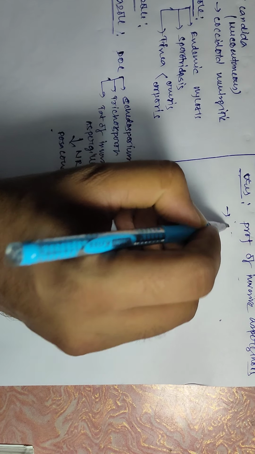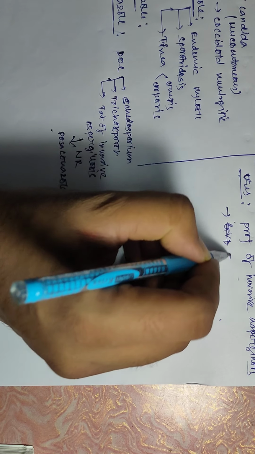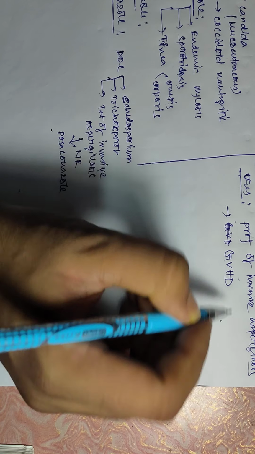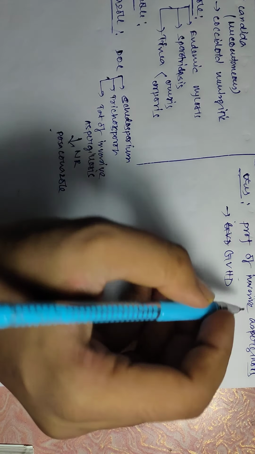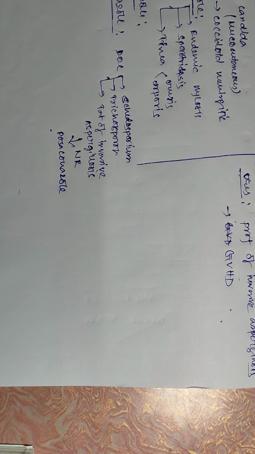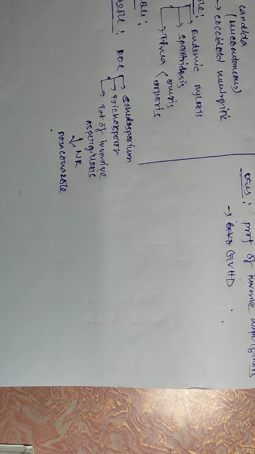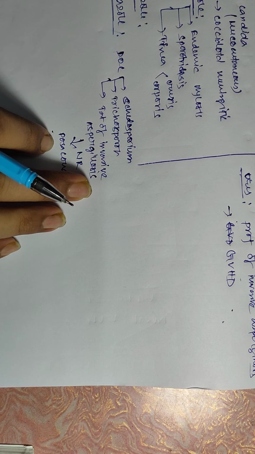And we can also use it in case of graft versus host disease, where the immunity is less, right? Because of the immunomodulator we use there, there is an increased chance of fungal infections. That is why we use this kind of drug, right?